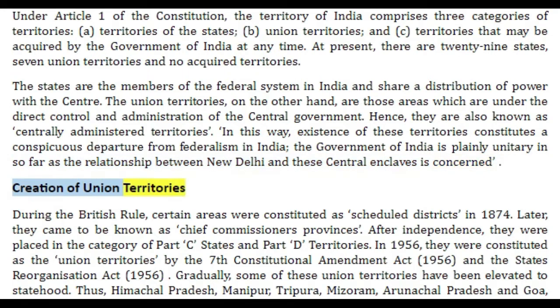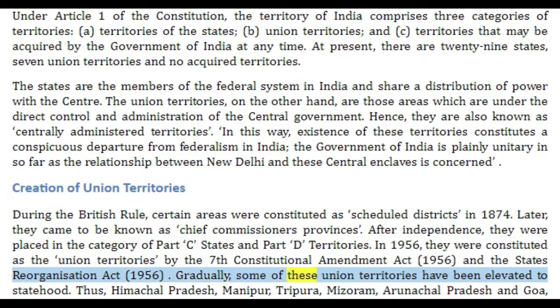Creation of Union Territories. During the British rule, certain areas were constituted as scheduled districts in 1874. Later, they came to be known as Chief Commissioners' Provinces. After independence, they were placed in the category of Part C states and Part D territories. In 1956, they were constituted as the Union Territories by the 7th Constitutional Amendment Act, 1956, and the States Reorganization Act, 1956.